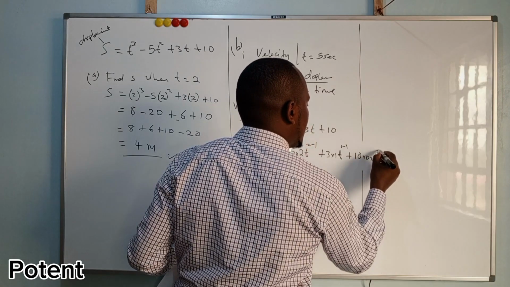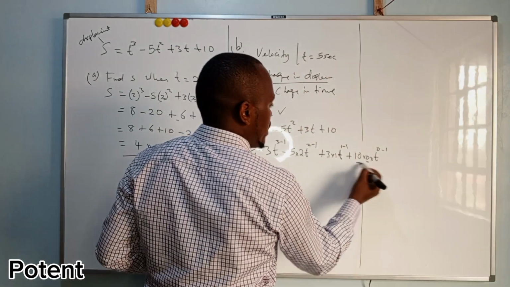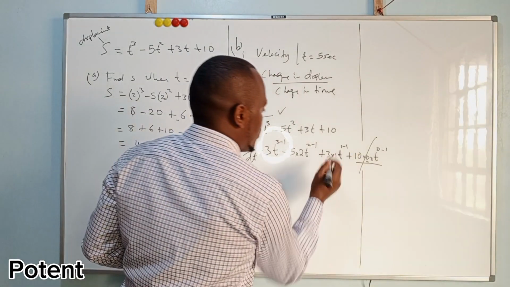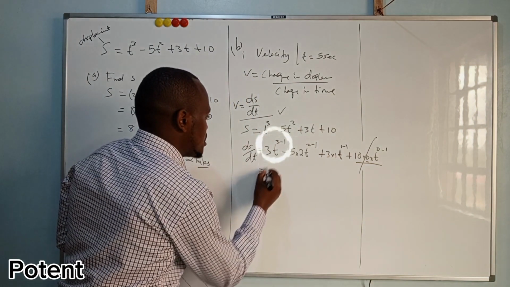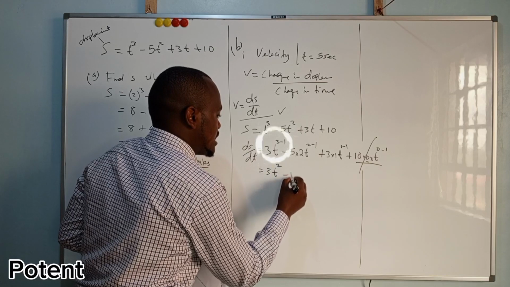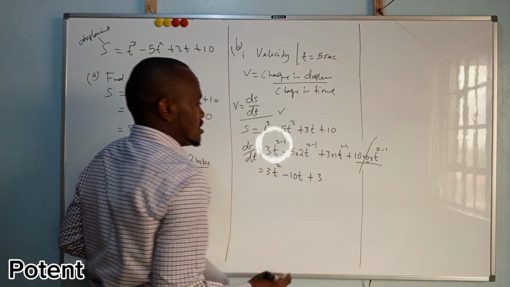By virtue of multiplying by 0, this one will go. Now, if you solve this, you have 3t squared minus 10t plus 3.